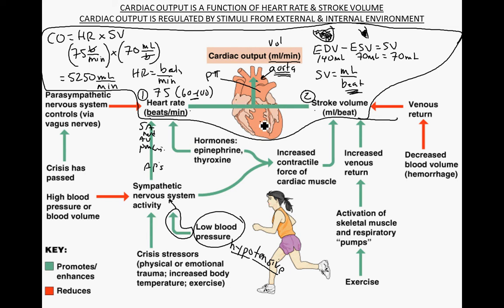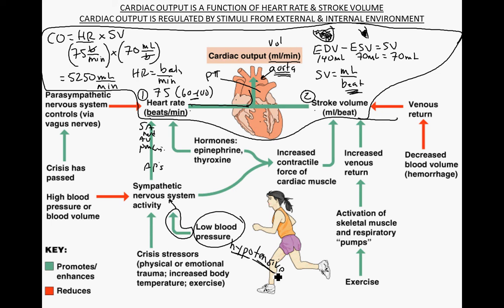The myocardium of the ventricles will then also begin to contract faster. And so this heart rate value is going to go up, and if this factor goes up, then when you multiply that out, your cardiac output is going to go up. Well, when the cardiac output goes up, that means that more blood, because the heart is beating faster, is going to then be entering this aorta. And when more blood enters that aorta, the blood pressure is then going to come back up, and you will no longer be hypotensive.